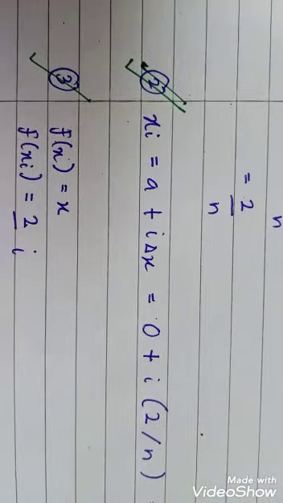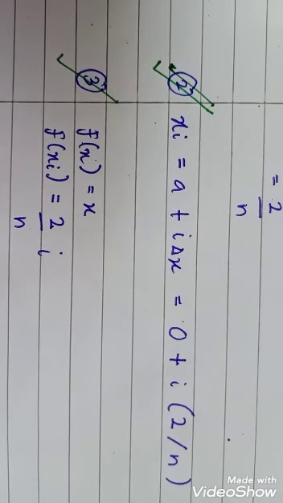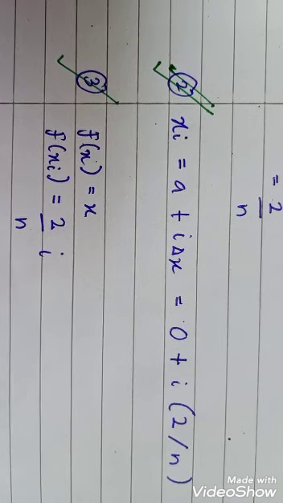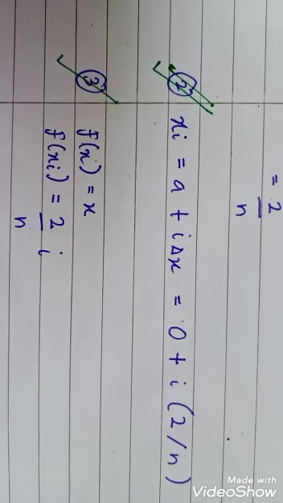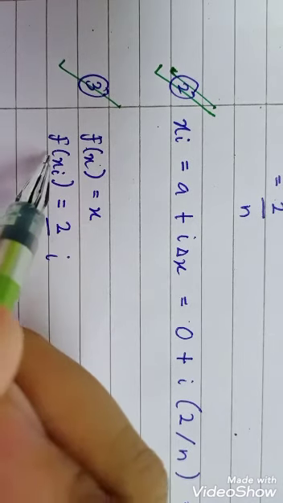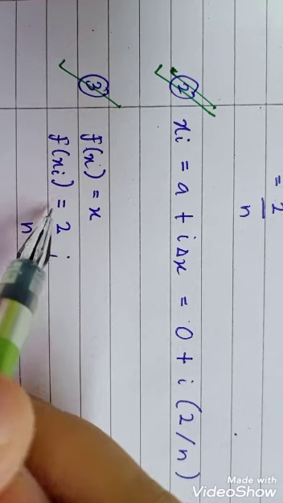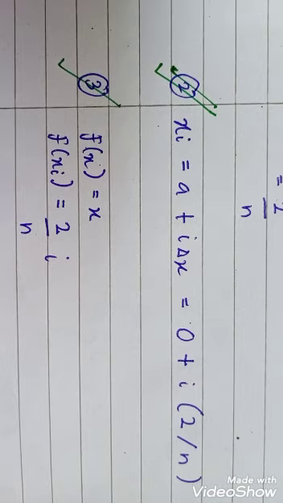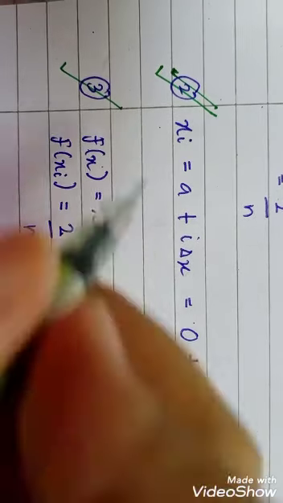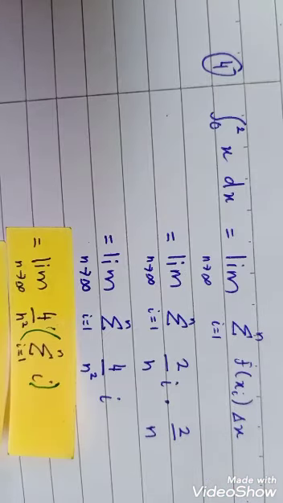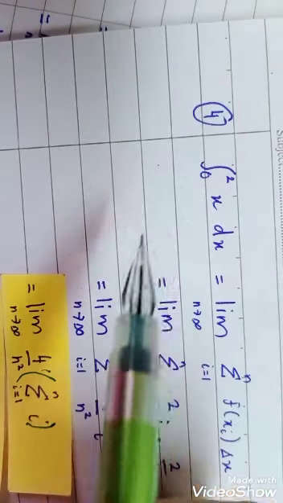Okay, the second step is done, and we move to the third step, which is to evaluate f(xi). For example, f(x) equals x, so f(xi) is equal to 2 over n times i. The third step is done.